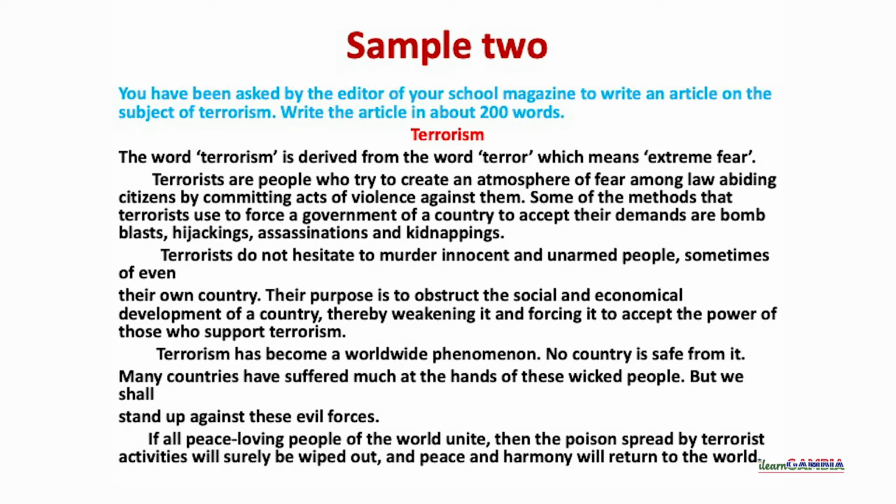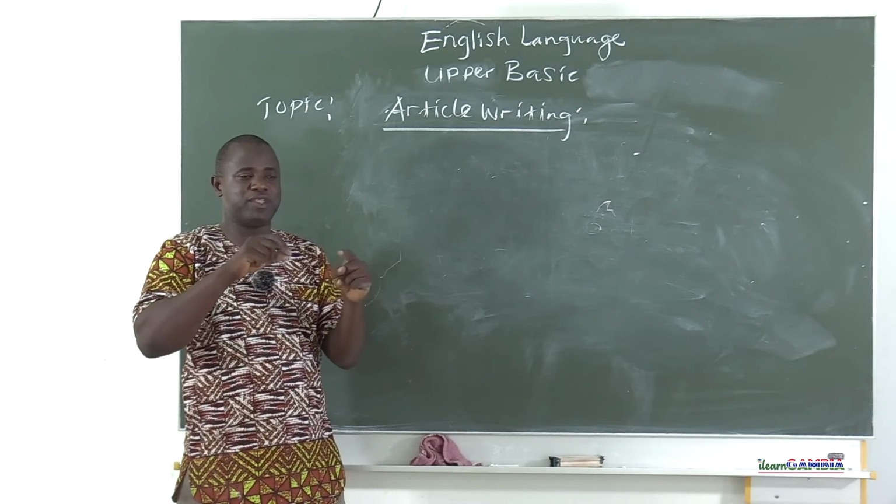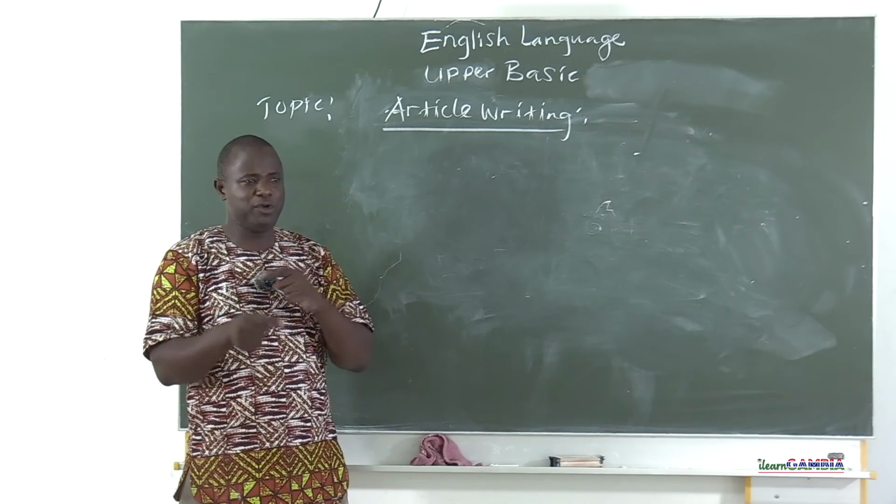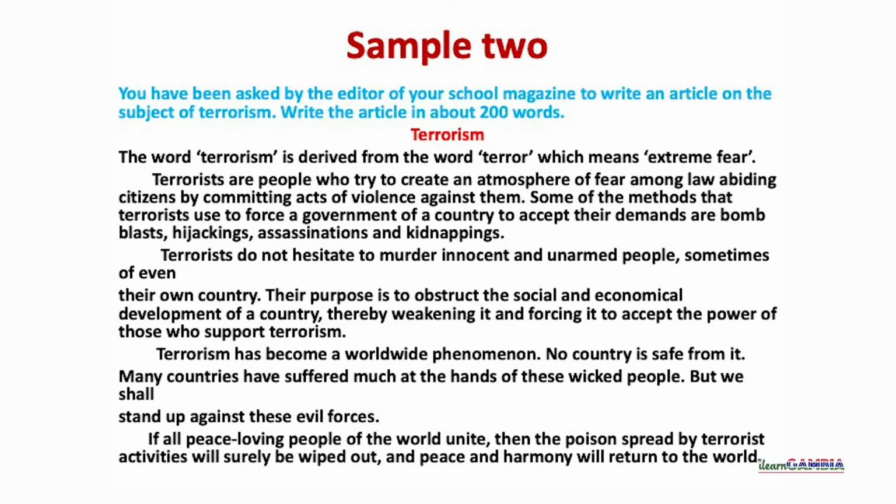Now the concluding paragraph comes. If all peace-loving people of the world unite, is given as a suggestion, because we were told earlier that the conclusion gives either a recommendation, suggestion, or solution. Now here it is giving you a recommendation that if all peace-loving people of the world unite, then the poison spread by terrorist activities will surely be wiped out, and peace and harmony will return to the world.